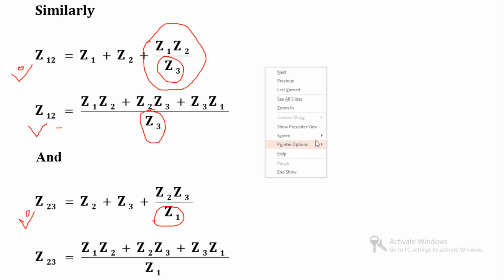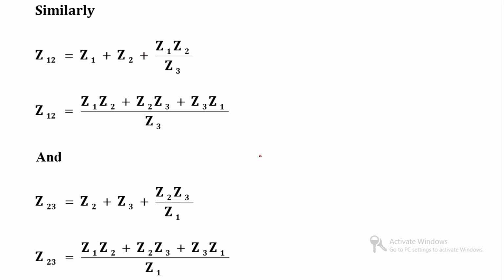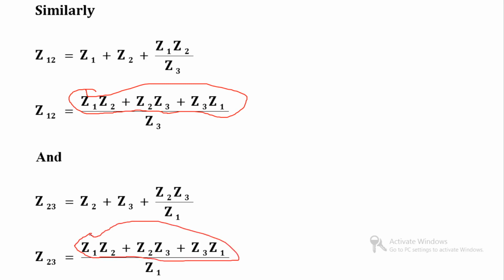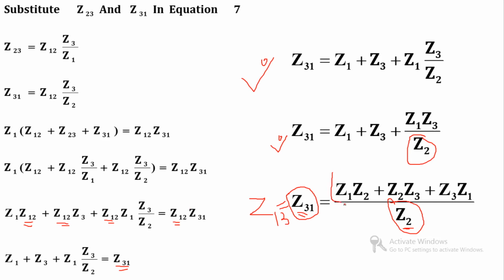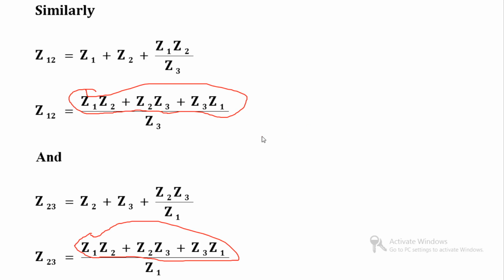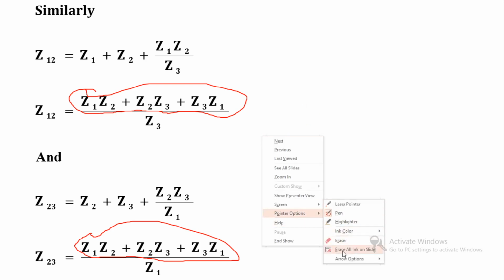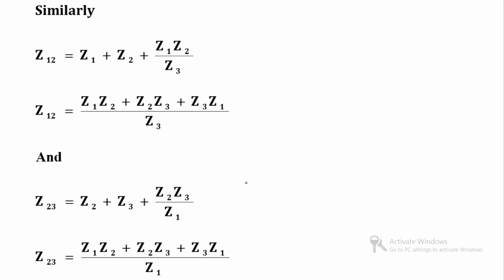So, again we are having a short trick to remember the conversion from star to delta. Your numerator will be the same in all the three impedances. You can mark Z12, you can mark Z23, and you can see over here also in case of Z13, your numerator will be the individual multiplication of 1 2, 2 3 and 3 1.